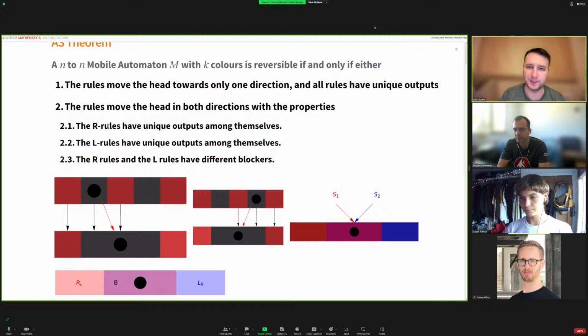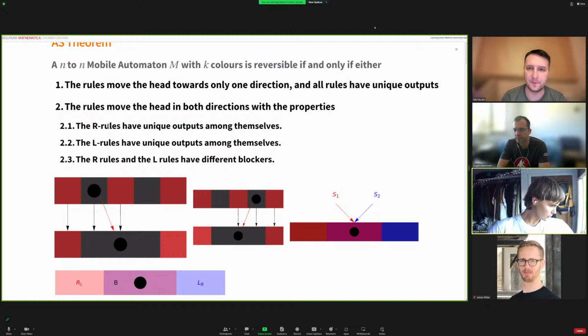What does the separation into left and right rules allow you to do? What's the motivation for it? Maybe there's a simple example where it fails, some set of rules that don't have unique outputs, but if you separate into left and right and apply this kind of condition, it can be reversed.